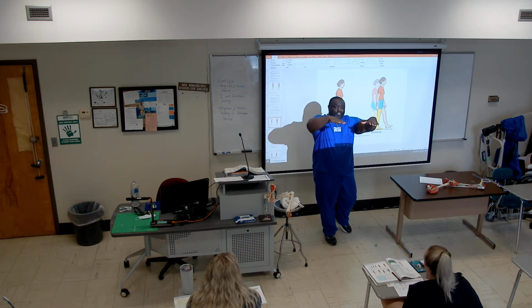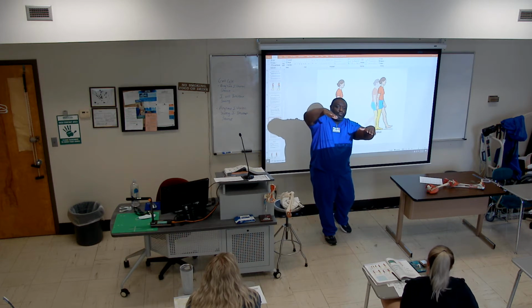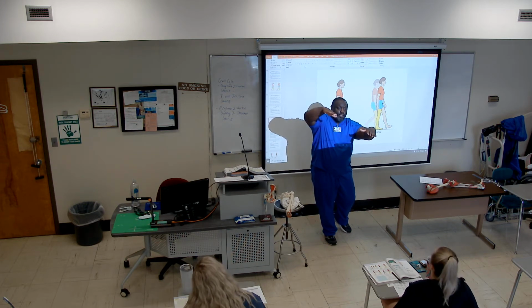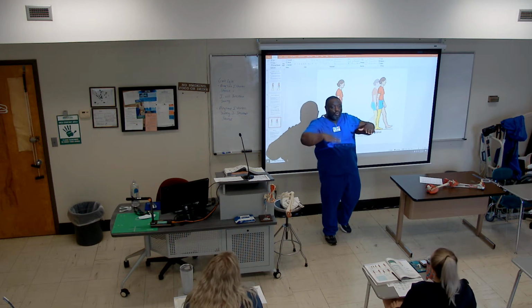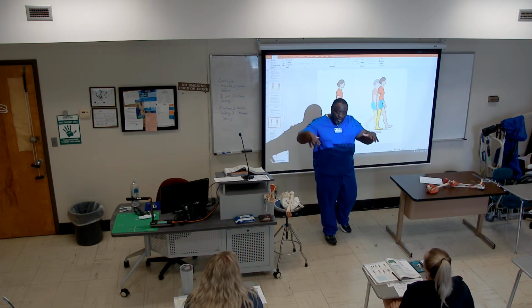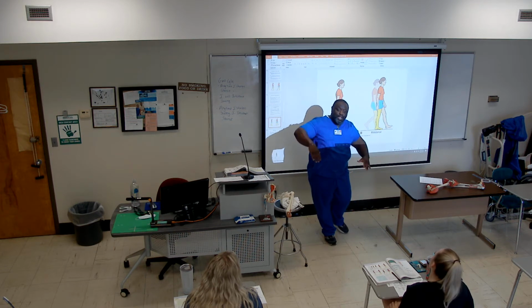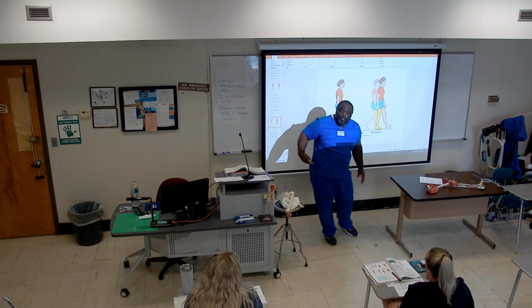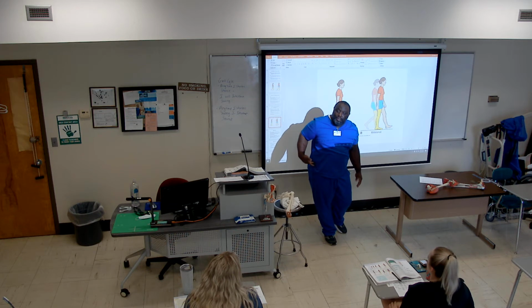So my stance hip is going to move up like that. So it's closed chain adduction on my stance leg. So it's going to move my hip up. My hip on the stance side moves up.